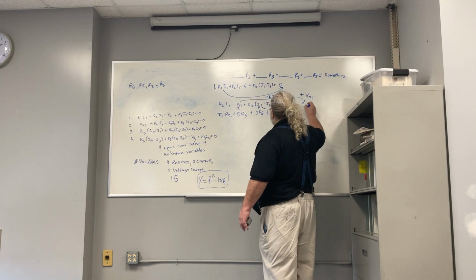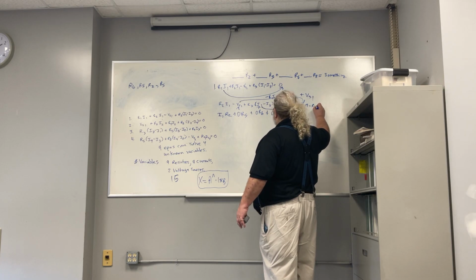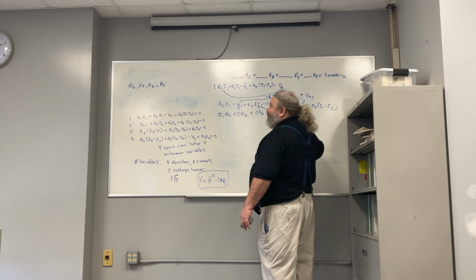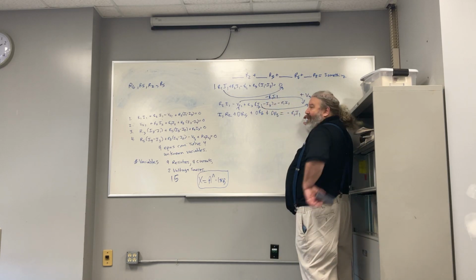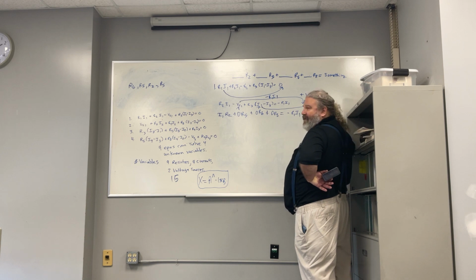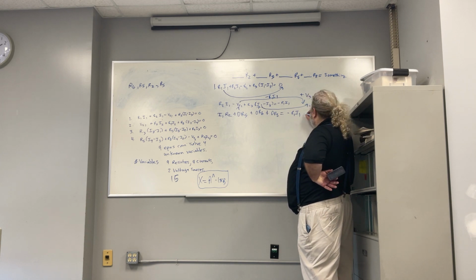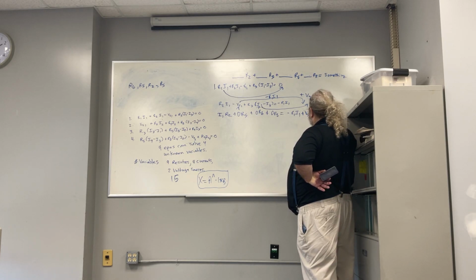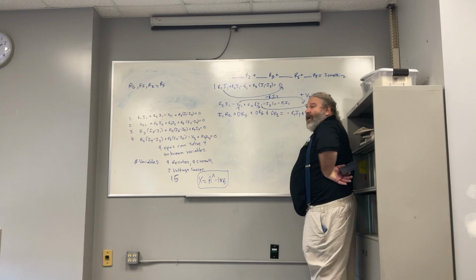Instead of adding it, it becomes what? Subtraction. So this becomes minus R1I1. You're not done, Rico. Minus R1I1, and then tell me what's the rest here. Minus R1I1 plus VS1 minus R3(I1 minus I3). Got it?